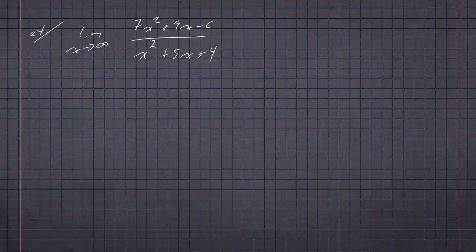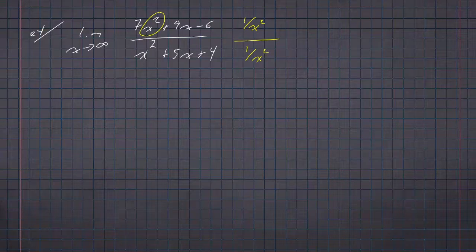In this case, I'm going to multiply numerator and denominator by 1 over x squared. I chose x squared because x squared is the highest power that appears anywhere in this particular expression. It appears more than once, but what's important is it's the highest power on x that appears in either the numerator or denominator. Because that's x squared, I'm going to multiply numerator by 1 over x squared, and I'm going to multiply denominator by 1 over x squared.